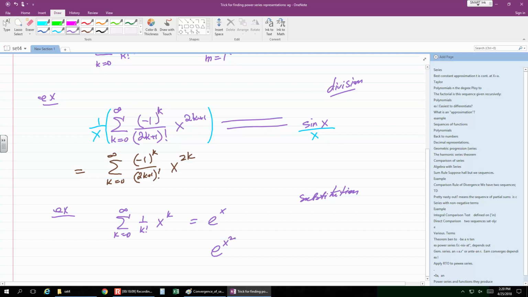Well, it's very simple, right? I just take that series that I already have, and I replace each x with x squared. So that's what has happened here. x turns into x squared. I do the same thing in my power series. Just substitute x with x squared. It is pure substitution.